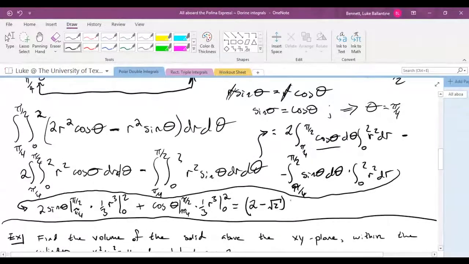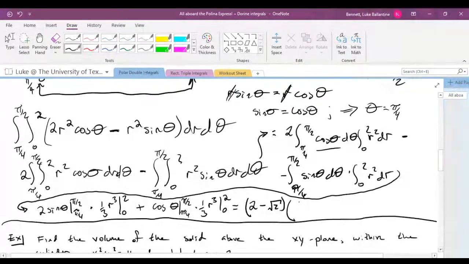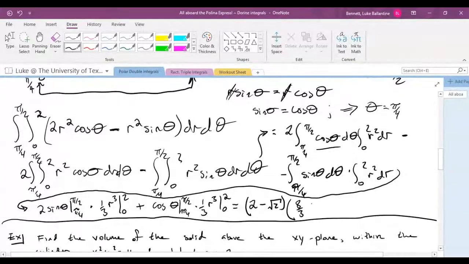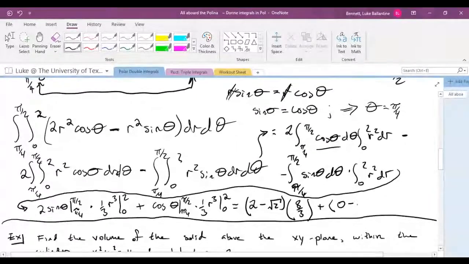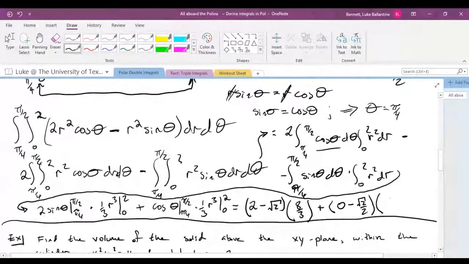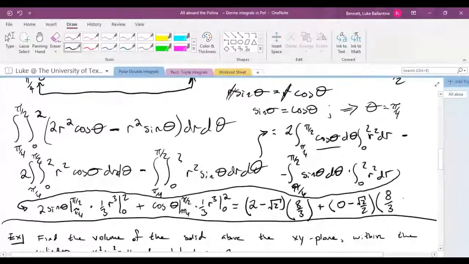That times 2 to the third over 3, that's 8 over 3, minus 0. Now we have plus cosine pi over 2 is 0, minus square root of 2 over 2, which is cosine pi over 4, times the same thing, 8 over 3.